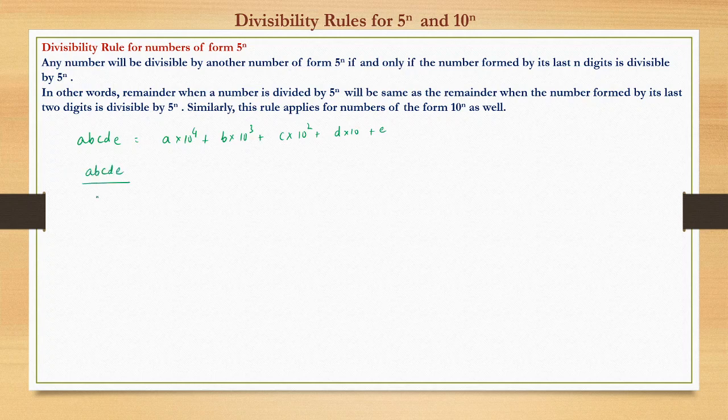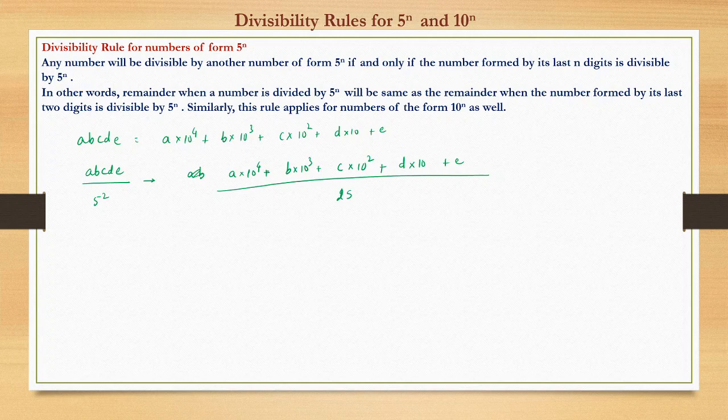If I have to check for 5 square, what will be the remainder? It will be nothing but a into 10 raised to power 4 plus b into 10 raised to power 3 plus c into 10 raised to power 2 plus d into 10 plus e, divided by 25, which is 5 square.